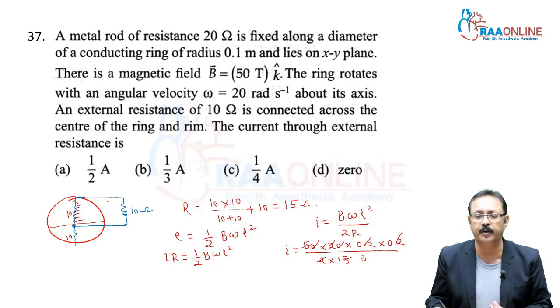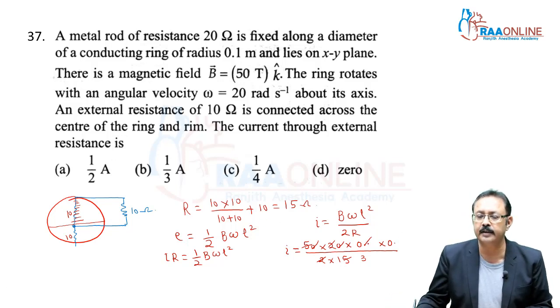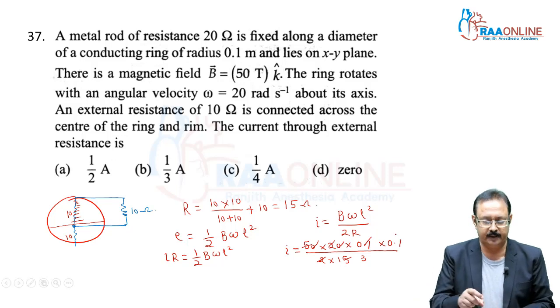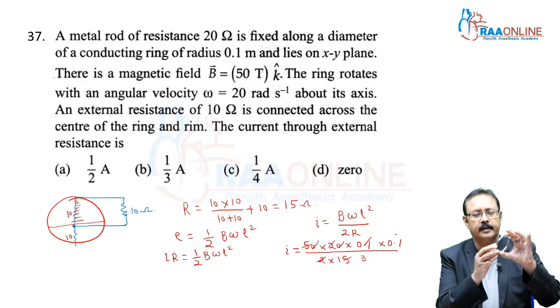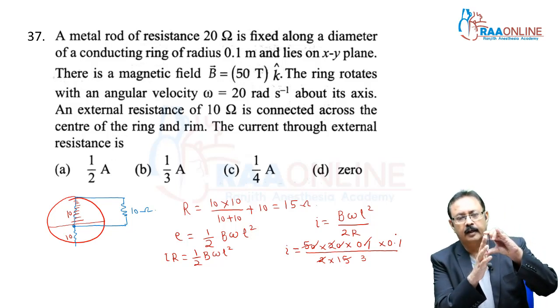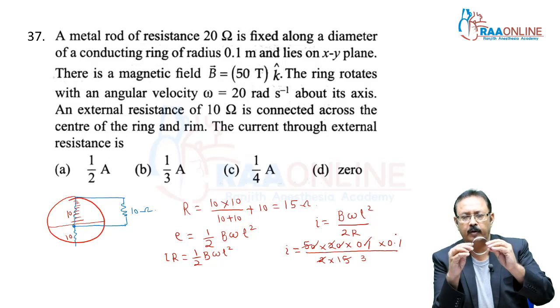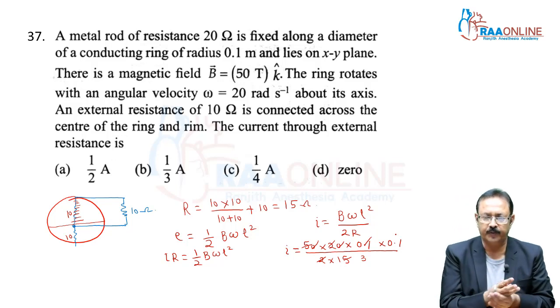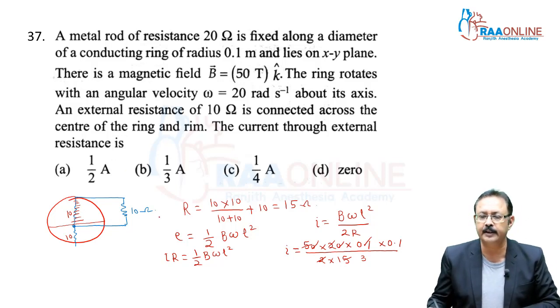So length is not 0.2, it should be 0.1 only. It is 0.1 because this disc is rotating about its axis, like this. The axis of the ring is this, means this half. Magnetic field is like this, cutting it perpendicular, it is rotating like this. So this length R is 0.1.